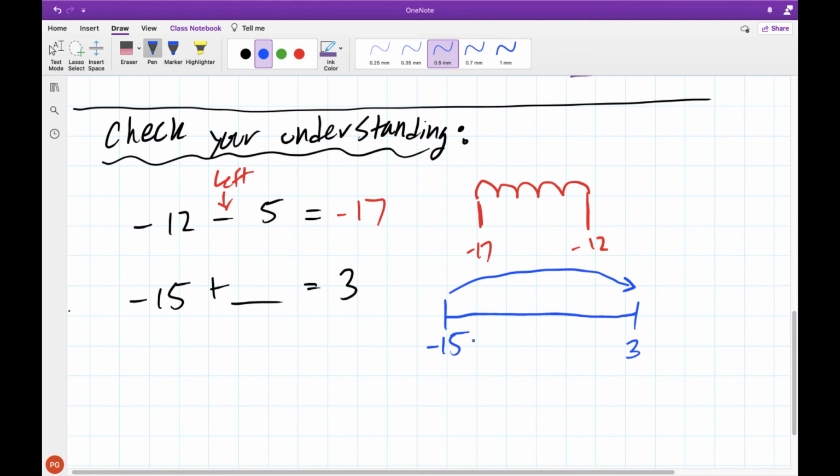Well, we would have to go 15 to get to 0 here, right? So this would have a size of 15. And then we would have to go another 3 here. So to go all the way from negative 15 to positive 3, we would have to go to the right by 18. So that would be our answer for the blank here, 18.